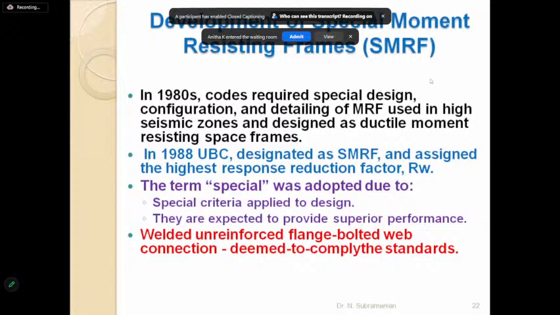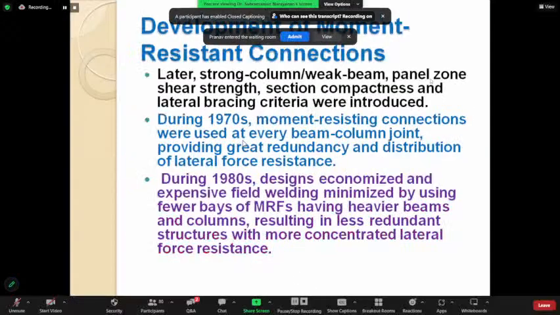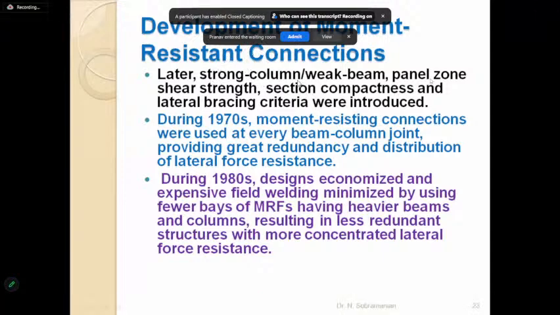The term special was adopted due to special criteria applied to design, and they were expected to provide superior performance. The welded unreinforced flange bolted web connection was deemed to comply with the standards. Later, strong column weak beam theory, panel zone shear strength, section compactness, and lateral bracing criteria were introduced.